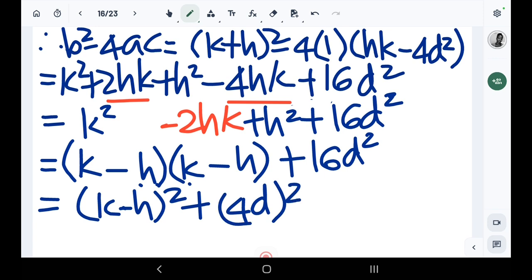Now if you notice something, K minus H all squared will always be positive, regardless of whether the K and H become negative or positive. Same story here. It does not matter whether your D is positive or negative, it will always be positive.